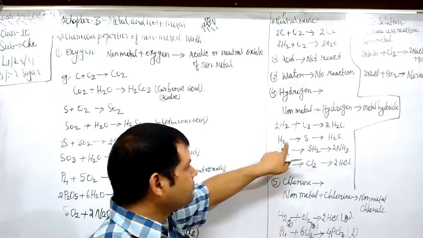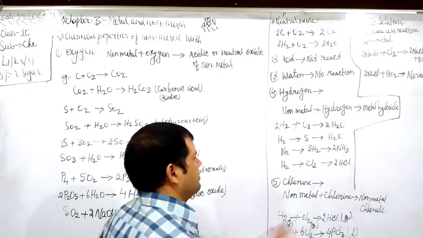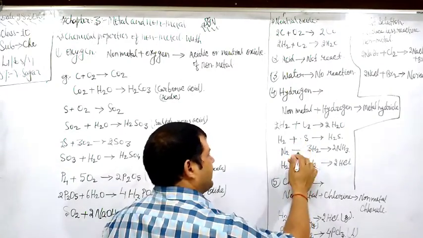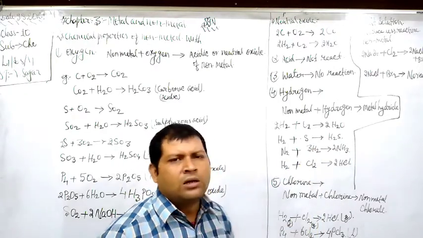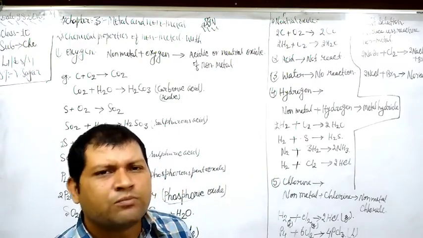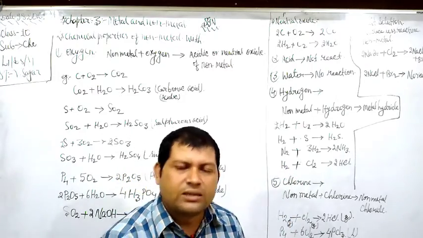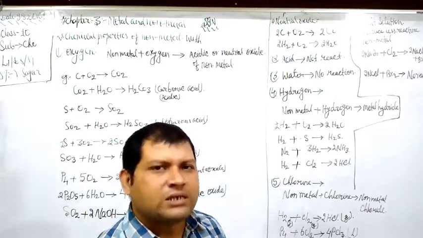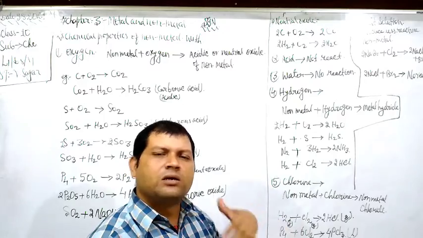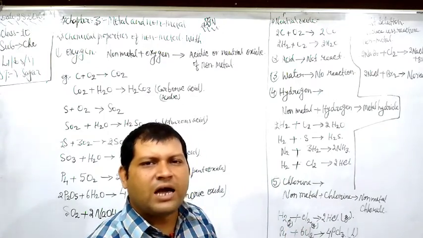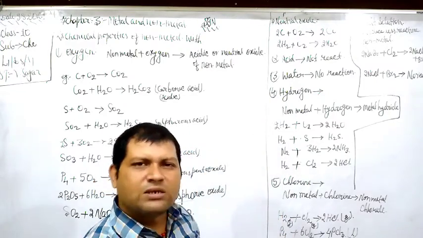And when sulfur reacts, then the formation of H2S takes place, hydrogen sulfide. And when nitrogen reacts with hydrogen, then the formation of ammonia takes place. And when hydrogen reacts with chlorine, then the formation of hydrochloric acid takes place. So these are the examples of some nonmetals that react with hydrogen and form their own hydride compounds. So these are the reactions of nonmetals with hydrogen.